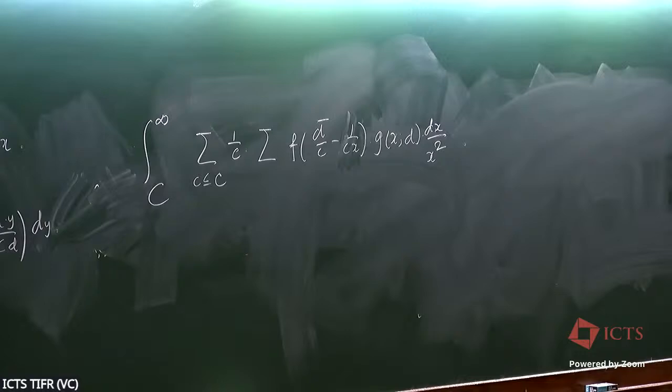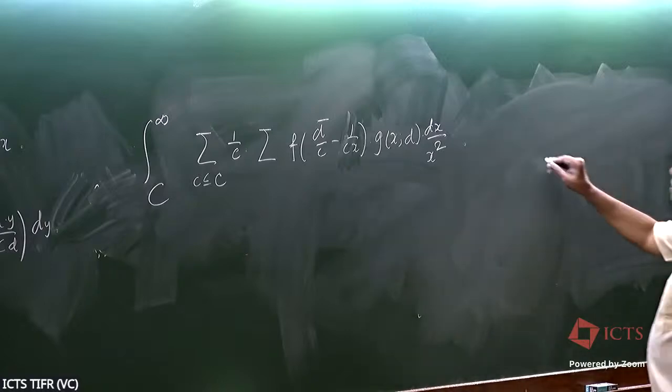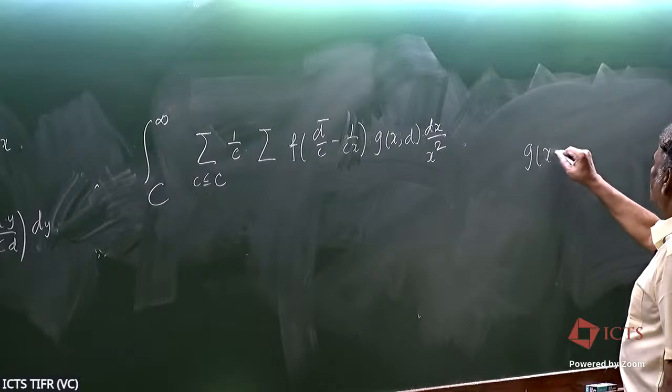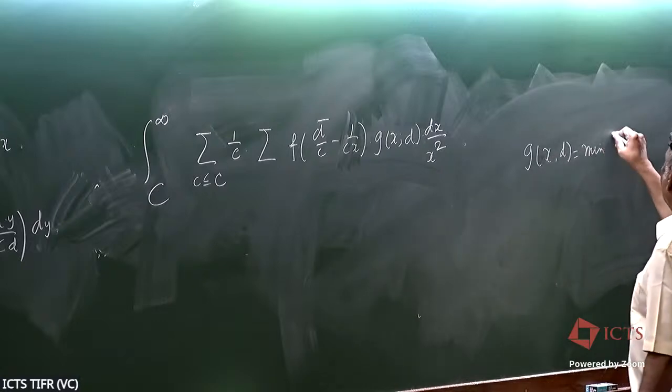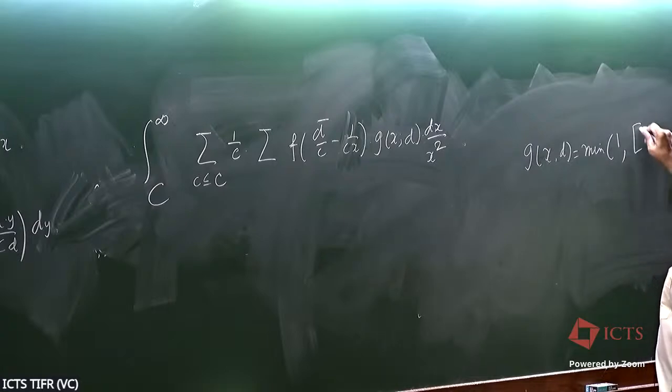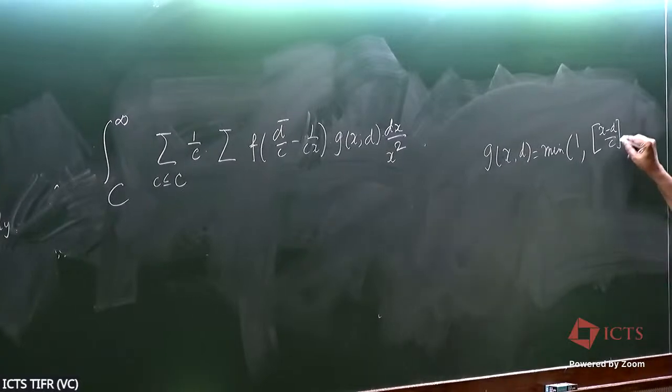And this g of x, d, which I have already written, is equal to the minimum of 1 comma the integral part of x minus d by c minus the integral part of capital C minus d by c.